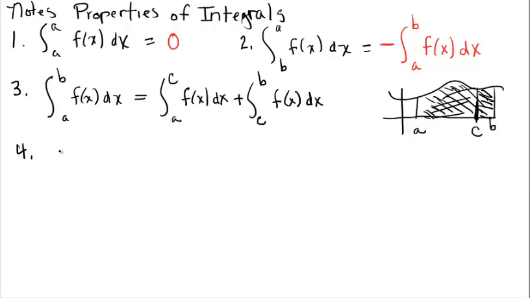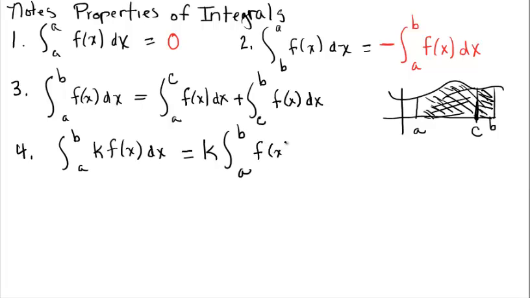Let's look at number 4. Consider the integral from a to b. Consider k to be a constant multiplier times some function. If we wanted to make this work easier, simpler, make the numbers smaller or better, if k is a constant multiplier, there is a property that allows us to factor out, pull out, bring out of the integrand the k.